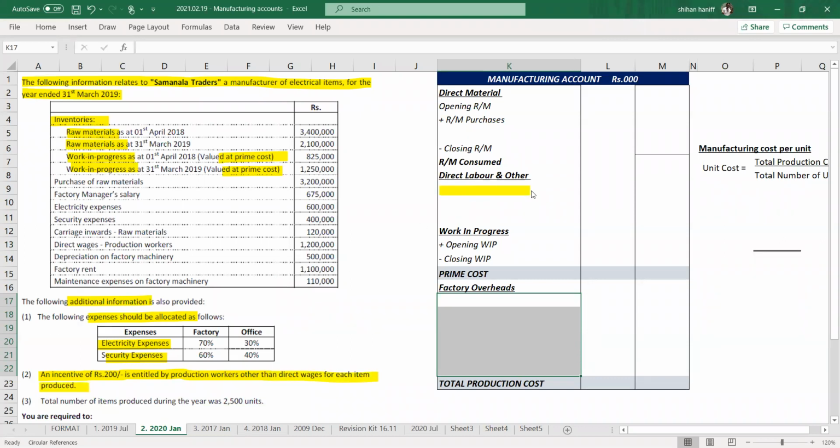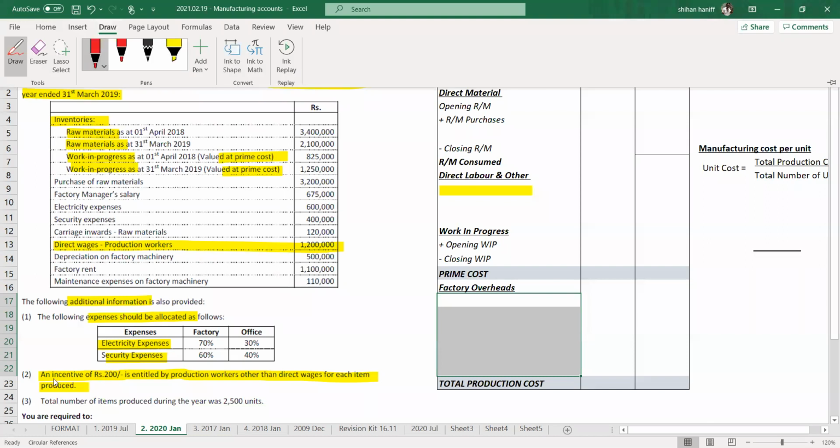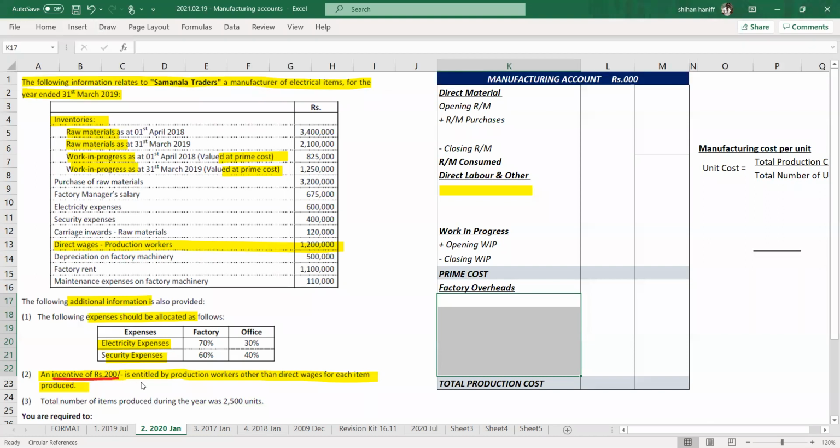So there is a direct wages for production workers 1.2 million, and the company also pays incentive of 200 rupees for the production workers. Total number of items produced 2,500 units. So 2,500 units means you have to calculate the incentives for production workers here. Right?